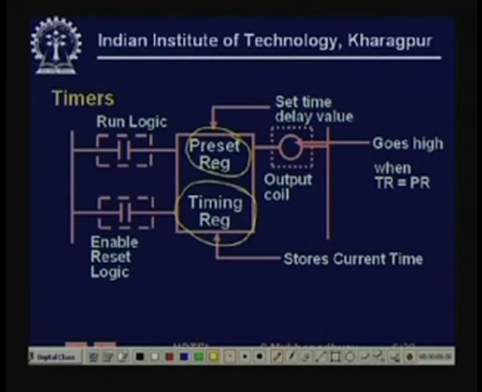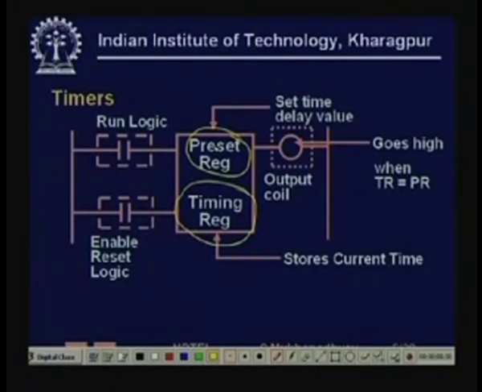The preset register is set whenever you create a timer in the program: it gets loaded by a particular value and it stays fixed. While the timing register, during the time that the timer is active, keeps getting incremented using pulses from an internal clock of the PLC. So it does not require any external clock.